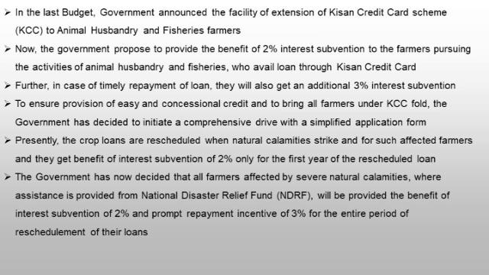See, that is one of the criticisms of the farm loan waiver. Farmers, in anticipation of a loan waiver, do not repay the loans. When they don't repay, they can't get the interest subvention. So this is putting the farmers in a perpetual debt trap.